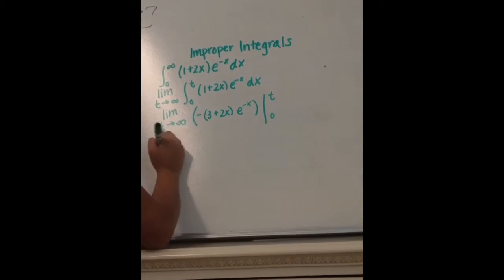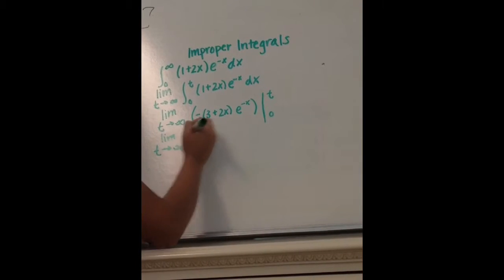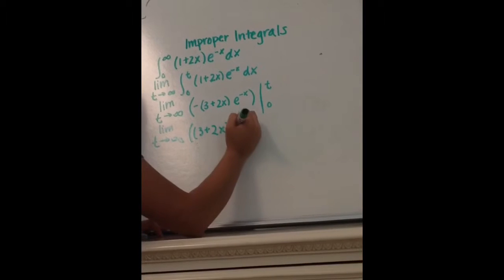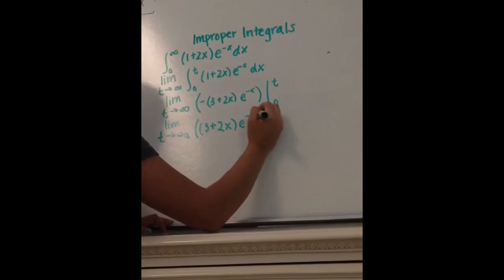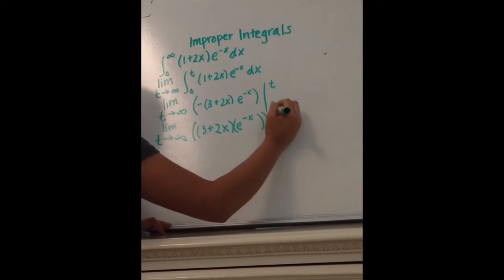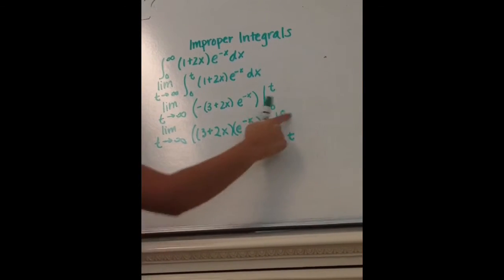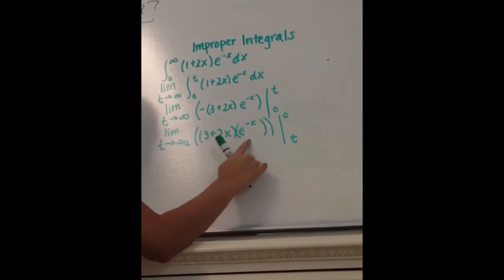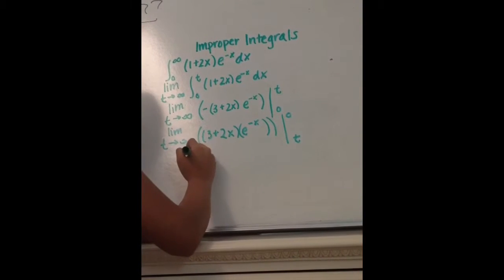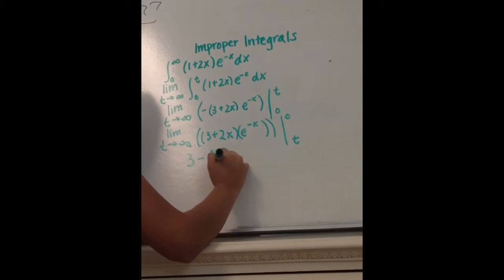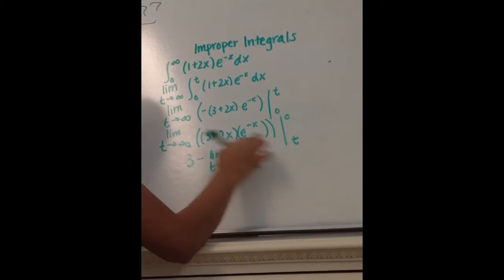So the limit as t approaches infinity of 3 plus 2x times e to the negative x evaluated 0 and t. So when we replace 0, this becomes 0 and this becomes 1, so you have 3 left. So it's 3 minus the limit as t approaches infinity, and then we'll replace t into this.